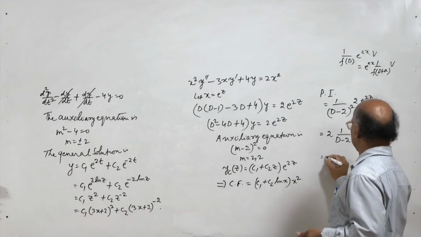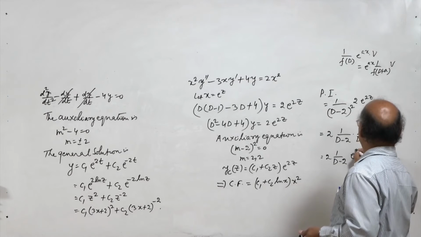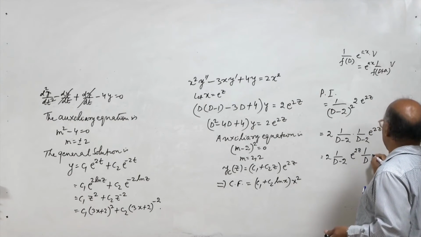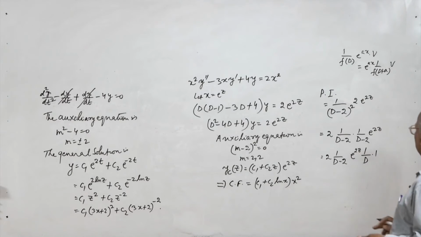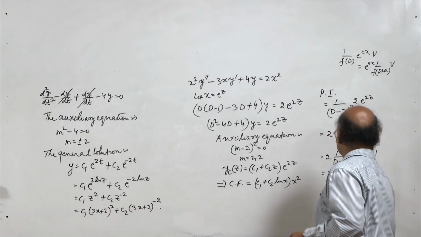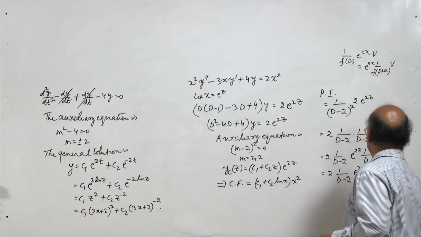So, this is equal to 2 times 1 over D minus 2, this will be e to the power 2z, 1 over D plus 2 minus 2, so D operating on 1. This means 1 over D means integral of 1. So, we get z. So, e to the power 2z into z.